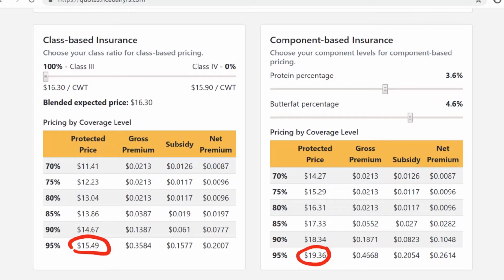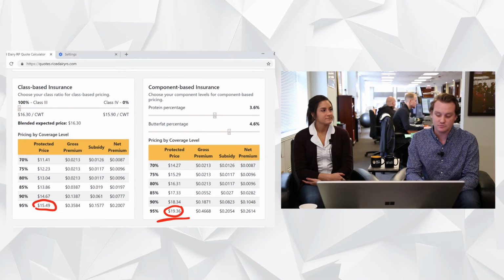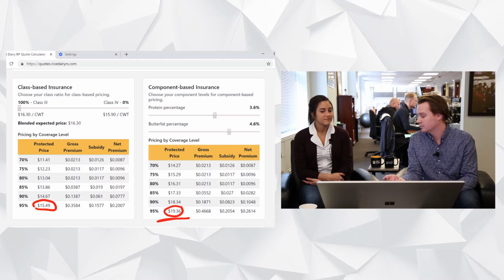And that 1939 does not represent a class 3 number, it represents a component adjusted number. So what they're doing is taking your protein and butter fat, running it through the calculator for the values of protein, butter fat, and other non-solids, which is basically based off of cheese and butter futures, to be able to get you to that component adjusted price.